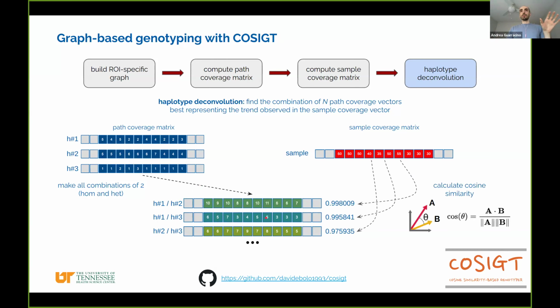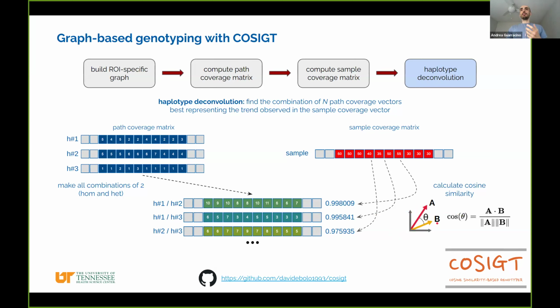And then we compare our sample coverage vector against all possible combinations. For the comparison, we use the cosine similarity. Cosine similarity means that we compute the angle between 2 hyperdimensional vectors. This plot here is an example of what you compute in 2 dimensions, just the angle between these 2 vectors.